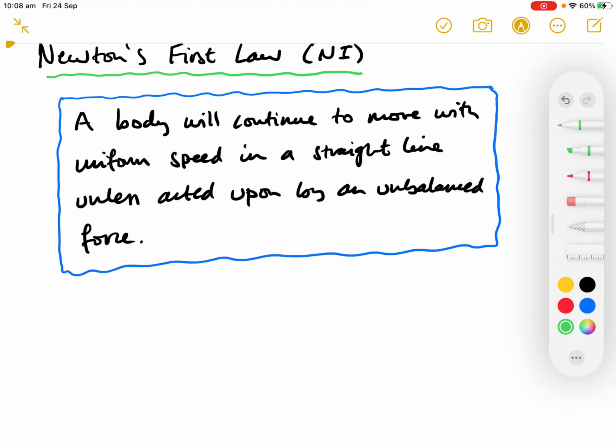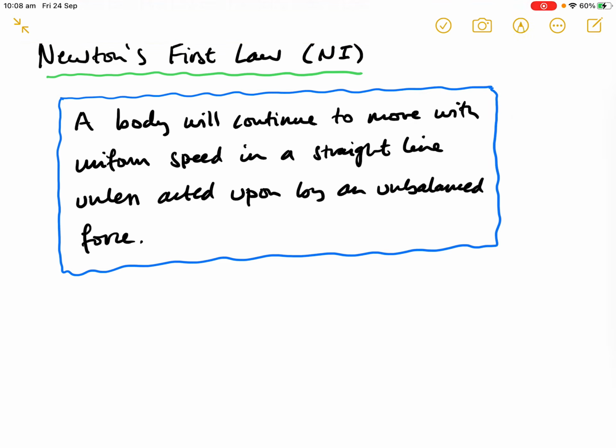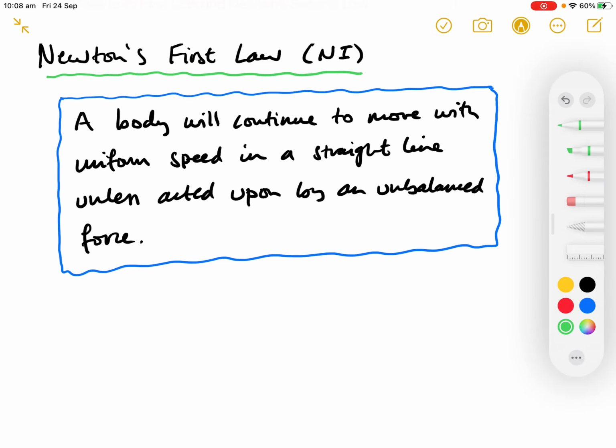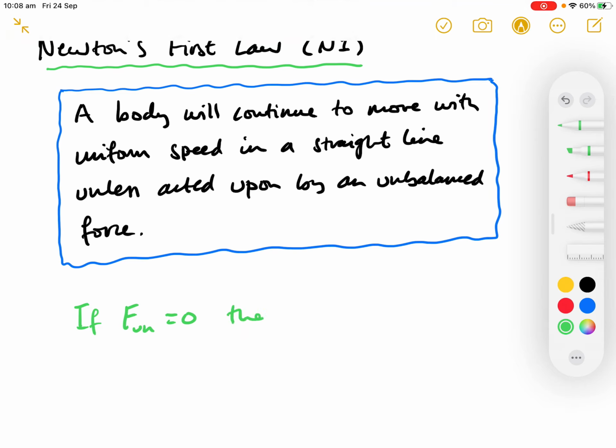What we're basically saying there is that if the unbalanced force is 0, then, so an unbalanced force of 0 means either 0 forces or balanced forces, then v, the velocity itself, will either be 0 or it will be constant.